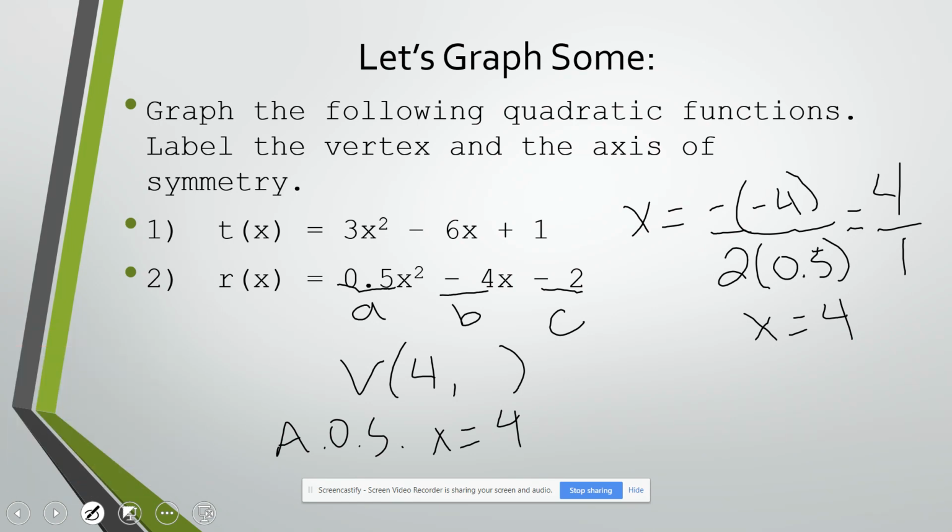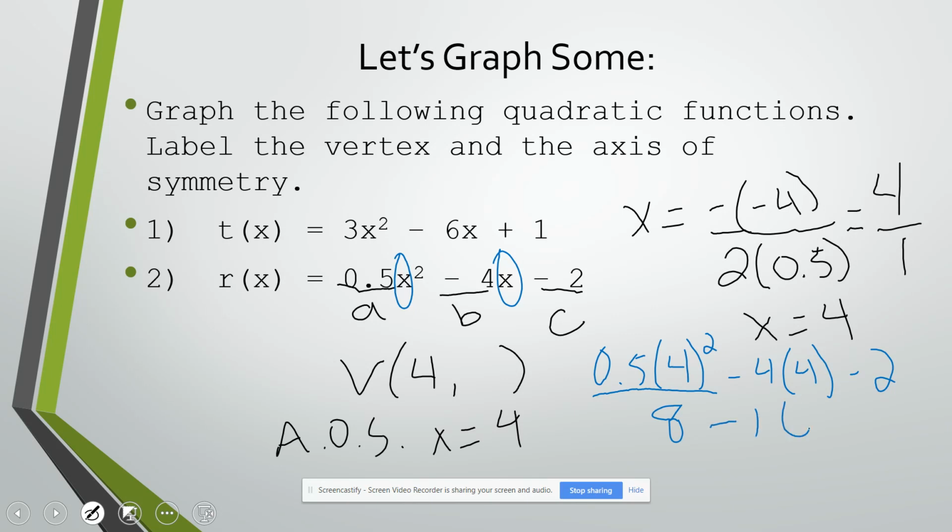We are then going to plug that 4 in for both of our x's in this equation. So we have 0.5 times 4 squared minus 4 times 4 minus 2. First, we're doing the 4 squared, which is 16, and 0.5, or 1/2 of 16, is 8.